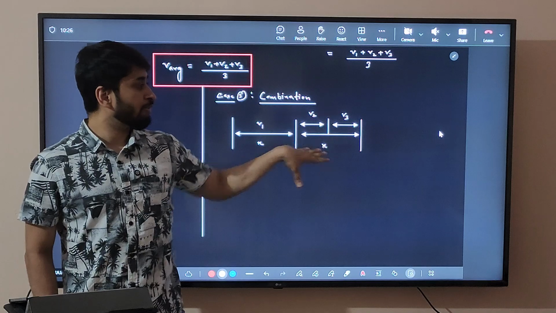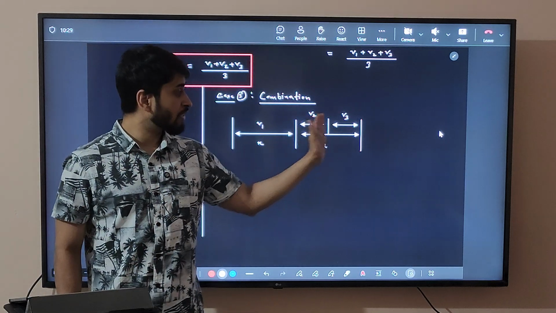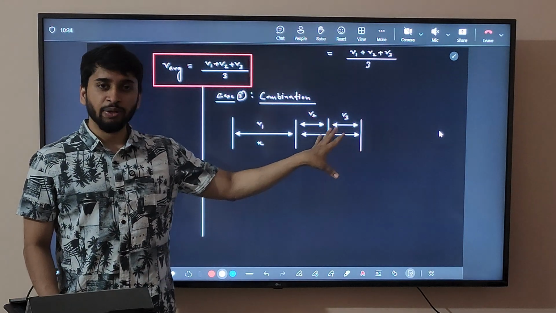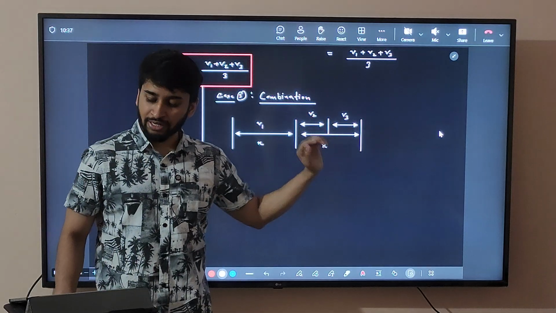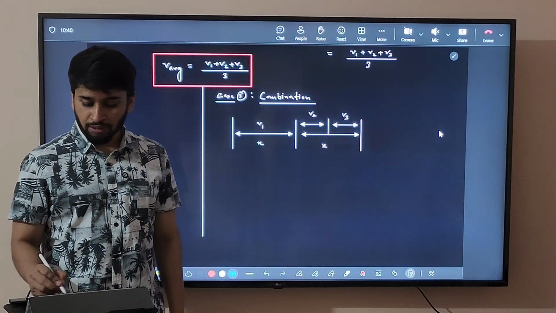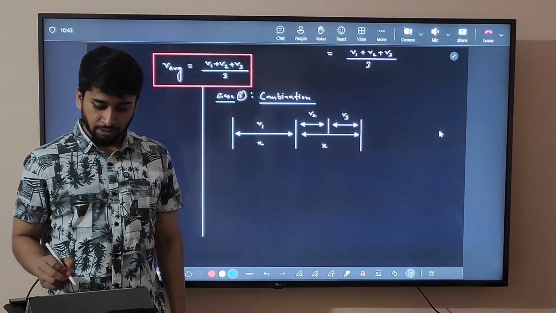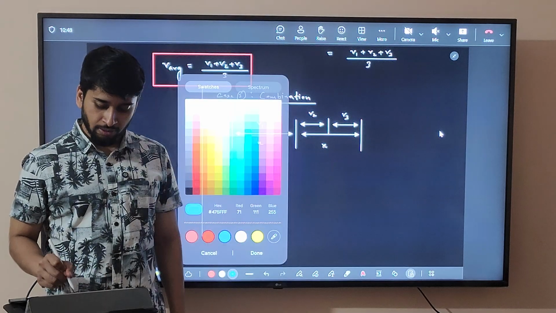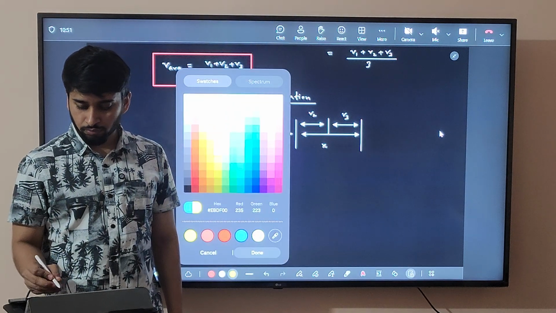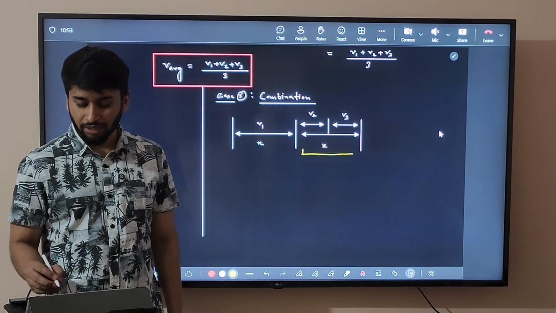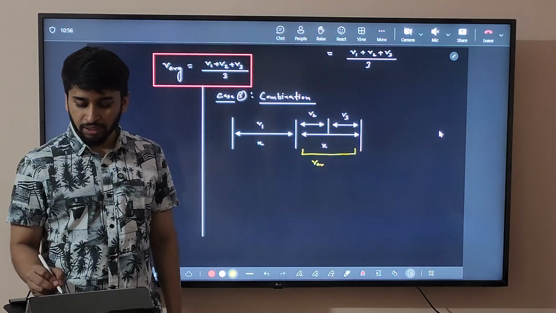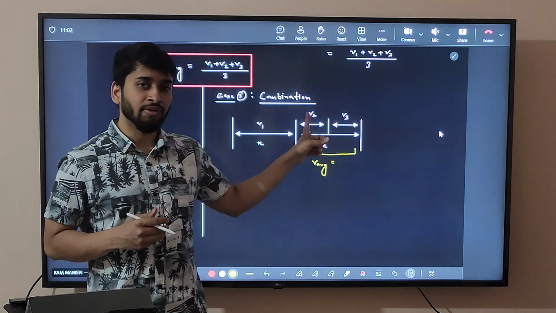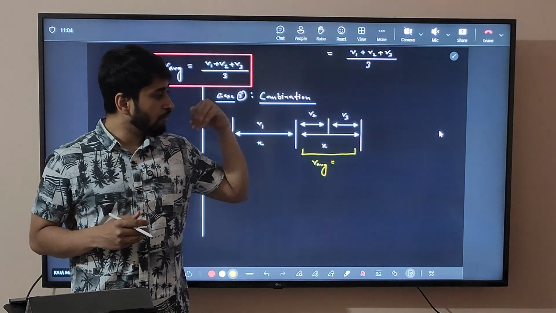For this part it is a case of equal time interval, so we can use the formula directly, v1 plus v2 by 2, but here v1 will be v2 and v2 will be v3.